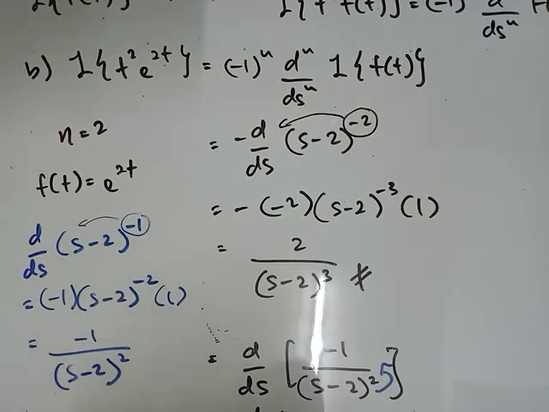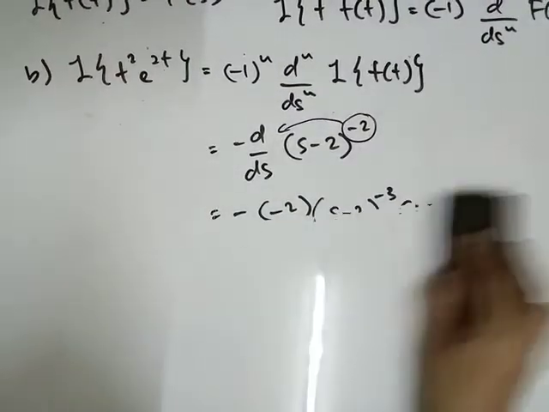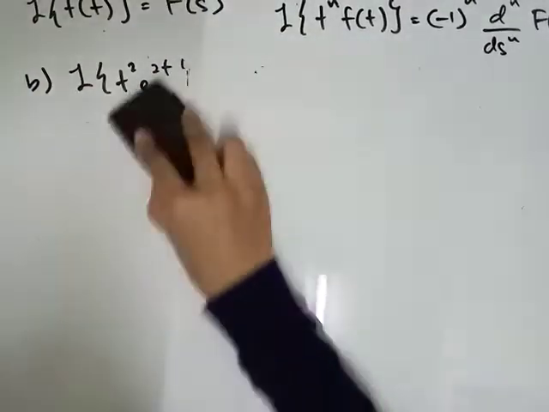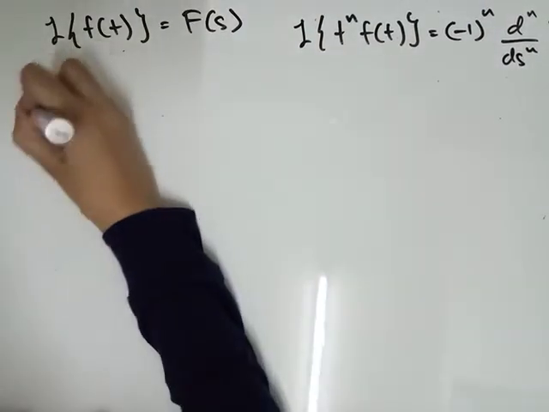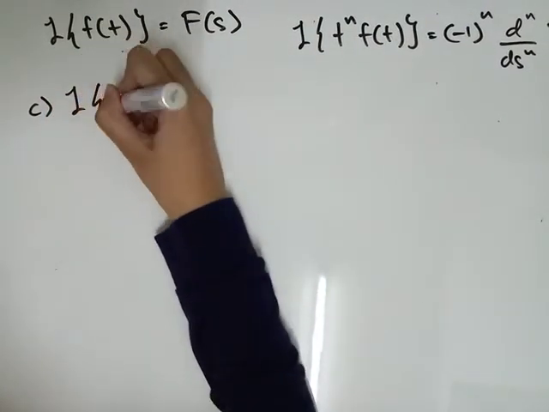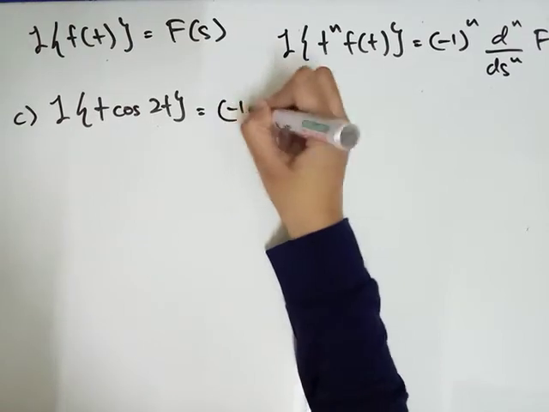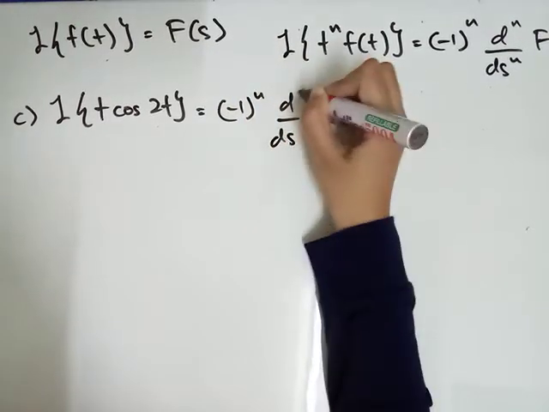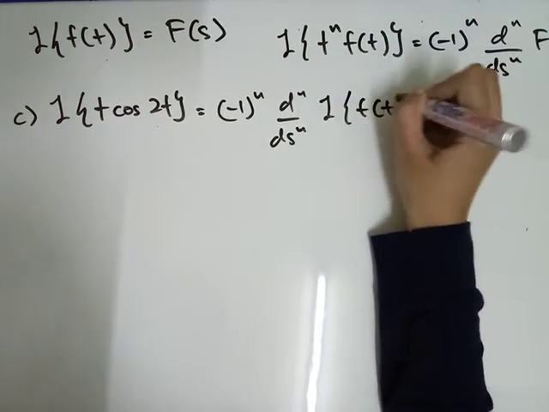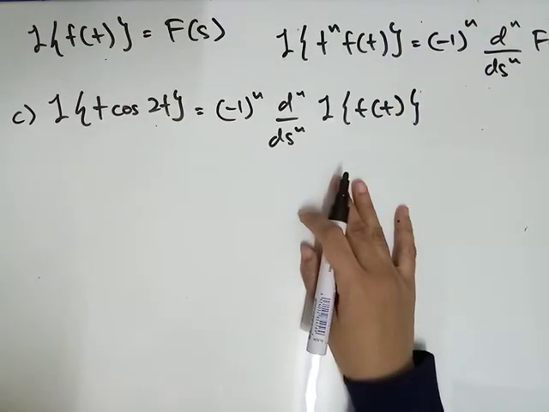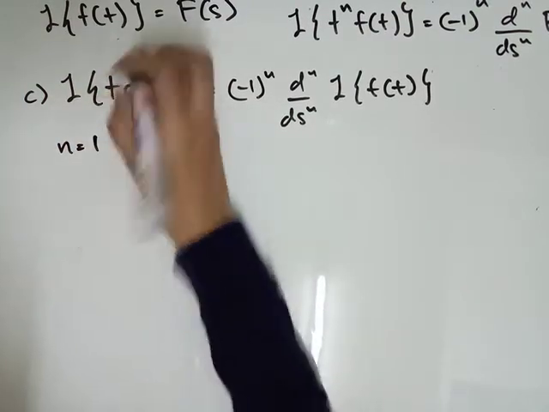What about C? Okay, question C, we have the Laplace of t cos 2t. It is equal to negative 1 power 1, d ds power n, the Laplace of the function f(t), where n equals 1, because we have a t power 1 here.